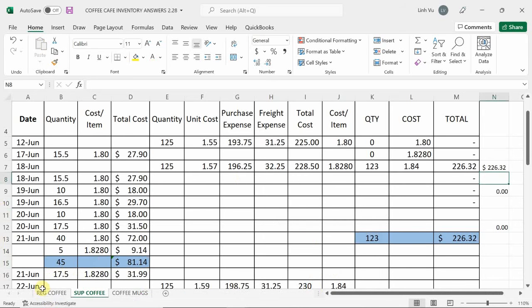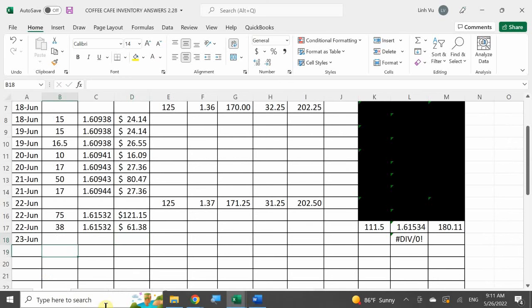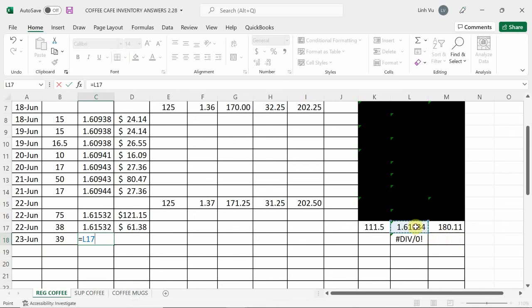For regular coffee, today's the 23rd, we used 39 pounds. At what cost per item? $1.61534.